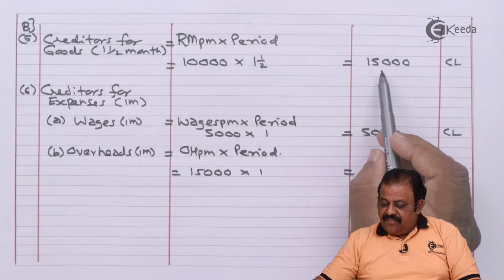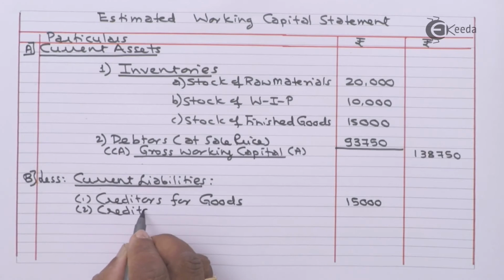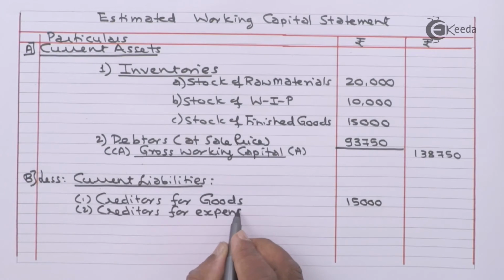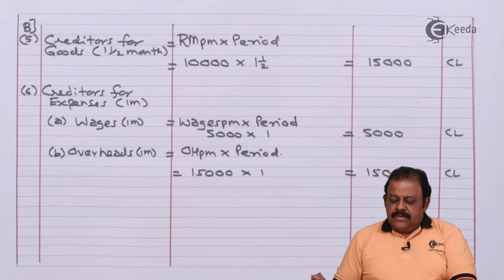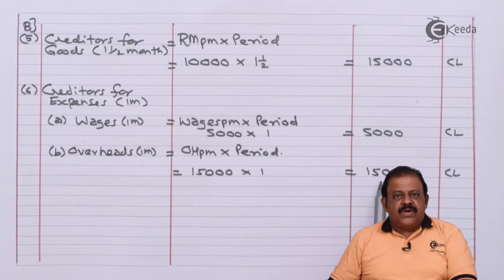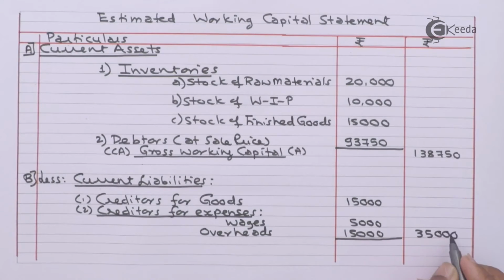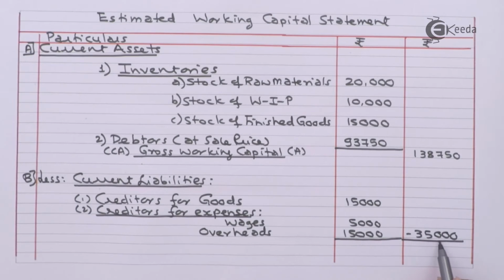Creditors for goods 15,000. Creditors for expenses, wages 5,000, overheads 15,000. Total current liabilities we got 35,000. So from current asset we'll be deducting this total current liabilities.